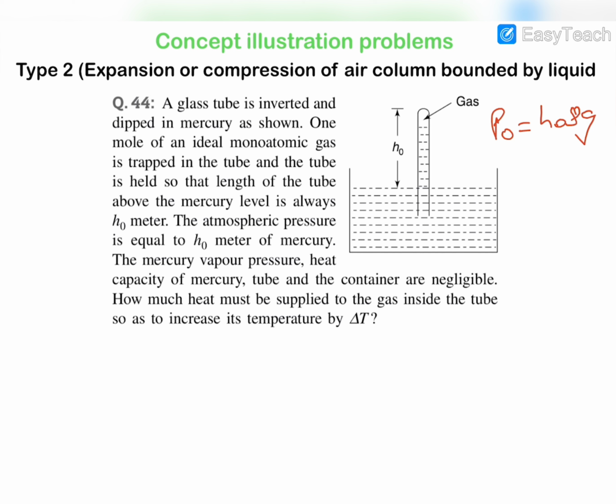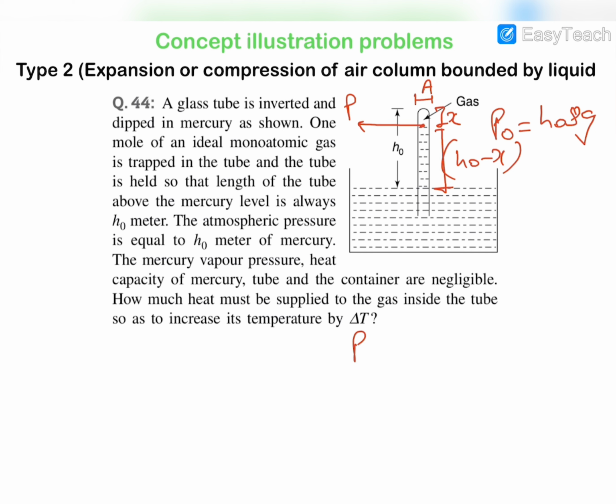At any moment of time, let us suppose that the part of the tube which contains the gas is x, and let us suppose that area of cross section is a, and this height will be h0 minus x. So at this point pressure of gas is P.